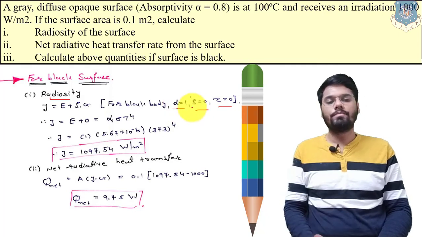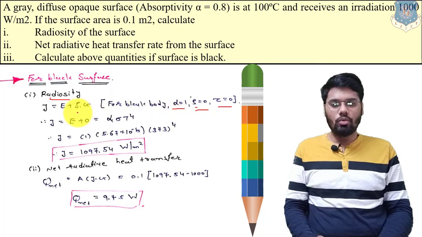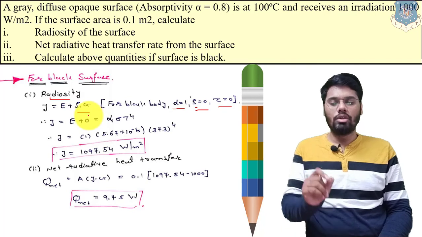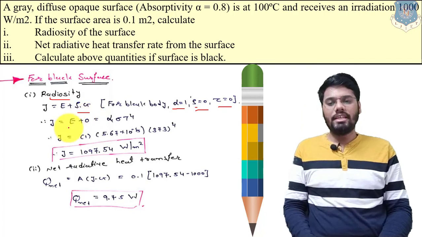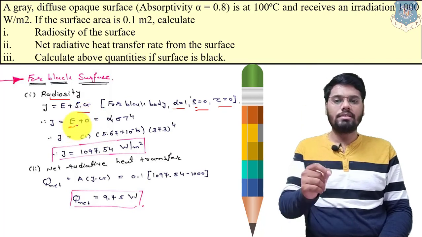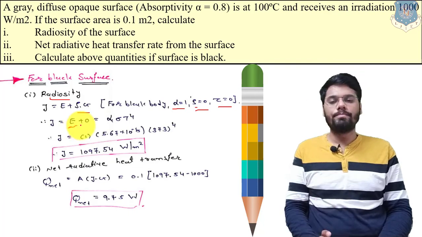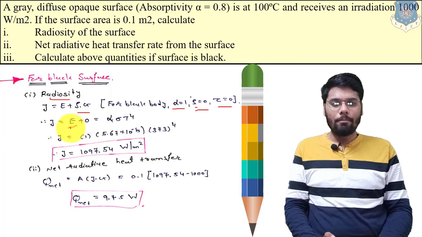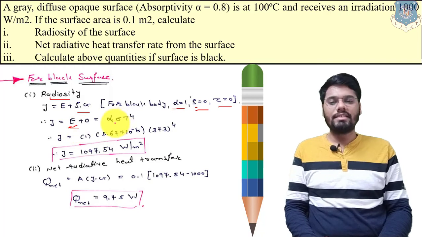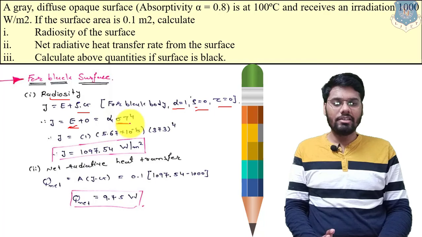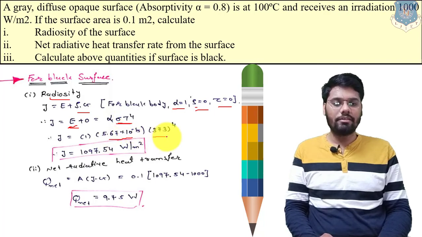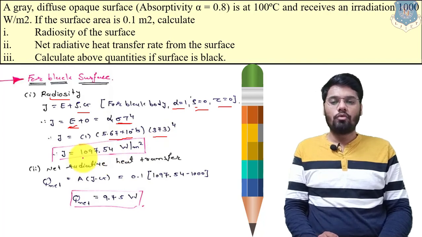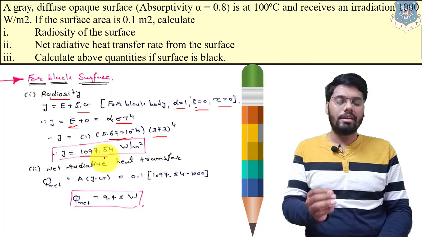If we put rho equal to 0 in this equation, then this whole term becomes 0. Then J is equal to E, the black body emissive power, which is sigma into T raised to 4. The value of sigma is 5.67 into 10 raised to minus 8, and temperature is 373 Kelvin. So for a black body, the radiosity would be 1097.54 watt per meter square.